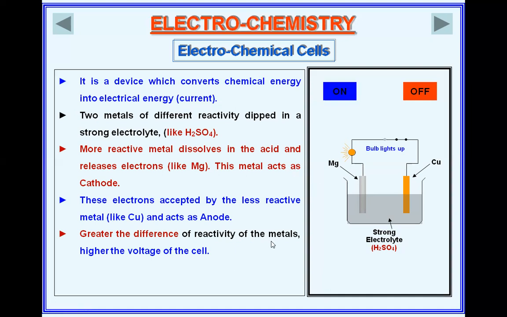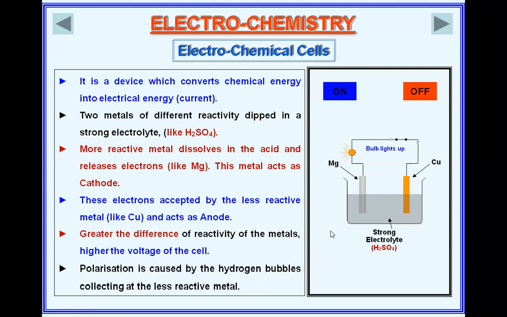So we can say that this is the difference between an electrochemical cell and electrolysis. The current direction is different in electrolysis. It was from positive to negative, but in the production of current in the cell, the current is produced from the highly reactive metal which is dipped in sulfuric acid as electrolyte. So it is called cathode. The flow of current in the cell is from cathode to anode.